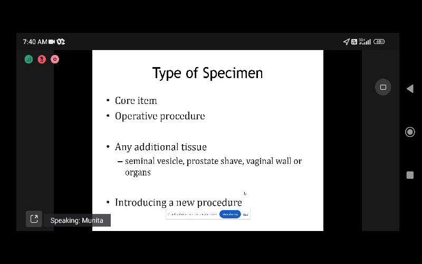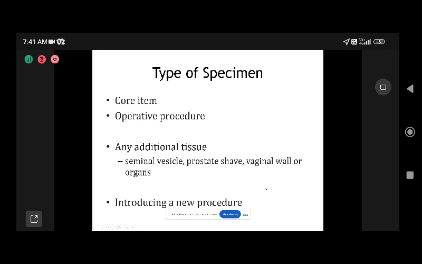If the information about any extra additional tissue that was removed on table is not mentioned on the requisition form, and sometimes the requisition forms are filled before the surgery starts, and they may not include any modification that you have done on table, it's best to include all the information, whether you've removed seminal vesicles or prostate or vaginal wall or any other additional extension you have done on the specimen. If it is communicated to the pathologist, then it is not accidentally missed by the grosser, and that small bit of tissue is not missed when inking.